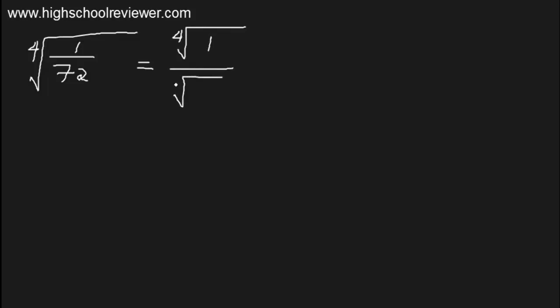Our next problem. Our given will be the fourth root of 1 all over 72. So let us first rewrite this. We will have the fourth root of 1 all over the fourth root of 72. And then we are going to factor out 72.